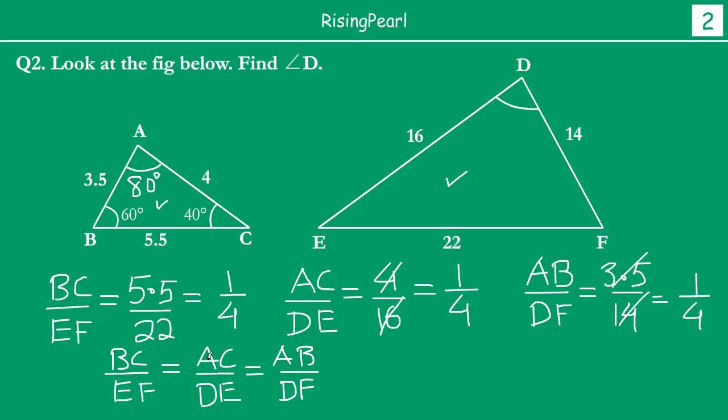Now because these ratios are equal, it implies that triangle ABC is similar to DEF.